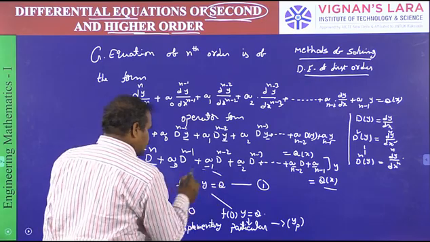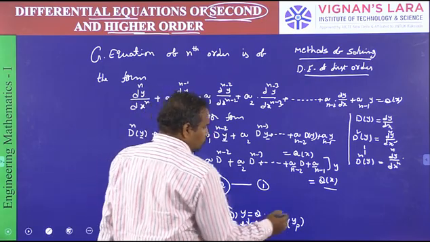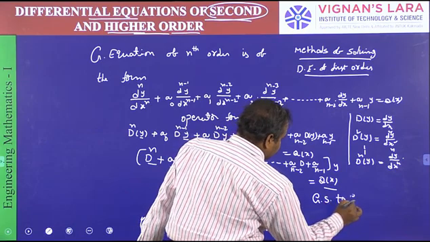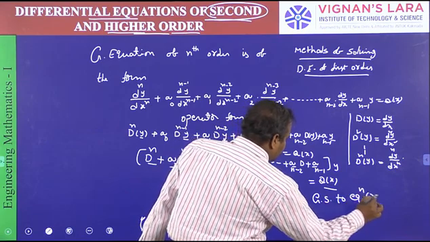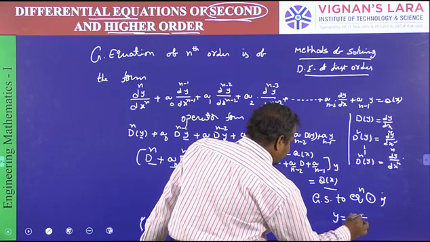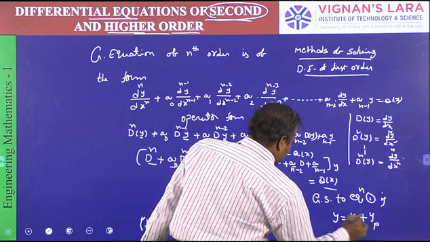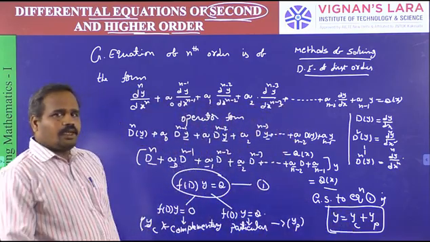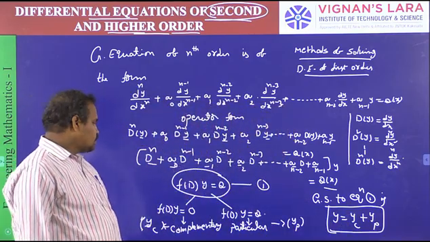So the general solution to equation 1 is y is equal to yc plus yp. yc is called the complementary solution, yp is called the particular solution.